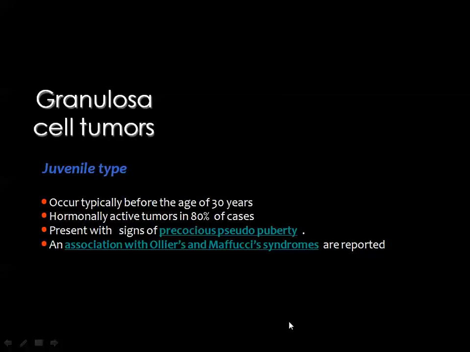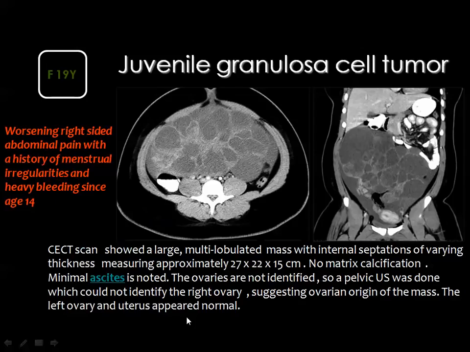The juvenile type usually presents before the age of 30 years, and these are hormonally active lesions that may present with signs of precocious pseudopuberty, and the association with Ollier and Maffucci syndrome is known in literature.